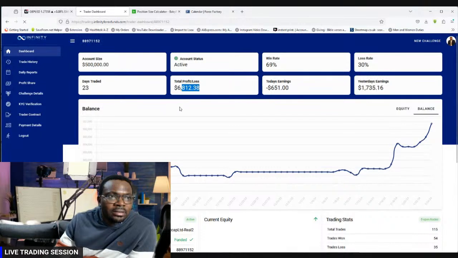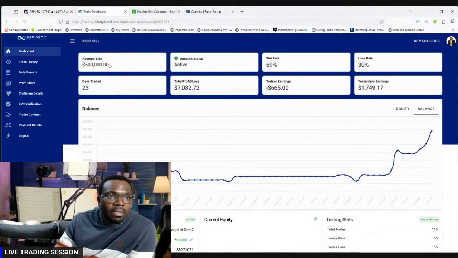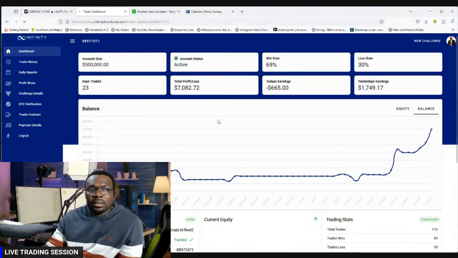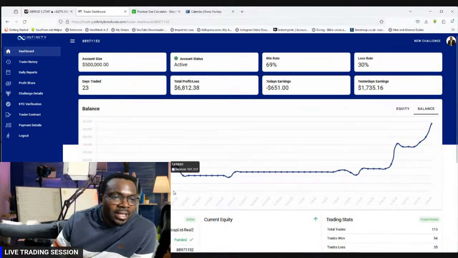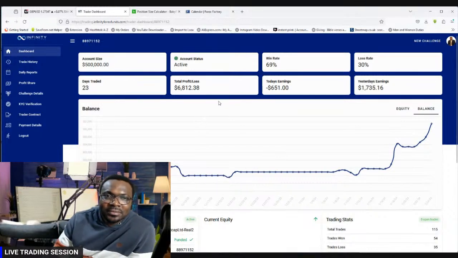Why? Okay, yes. I'm not sure what it's showing. I'm supposed to have a loss there anyway. It's not reflecting yet, this trade I just closed.